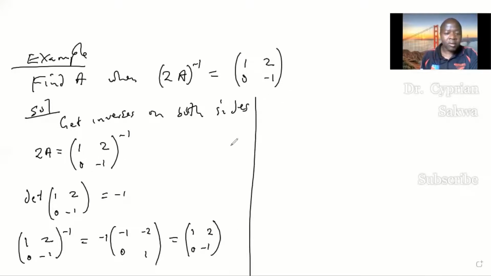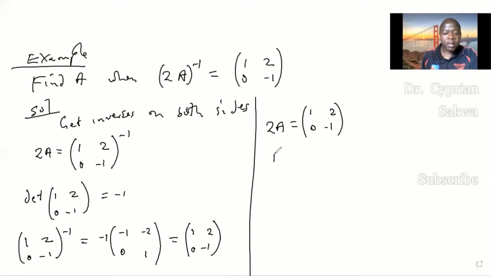Now, the question was: 2A is the inverse of this, but the inverse of this we found to be 1, 2, 0, negative 1.